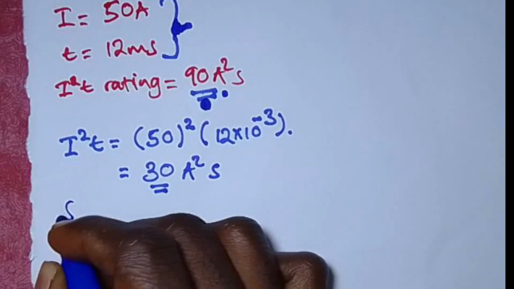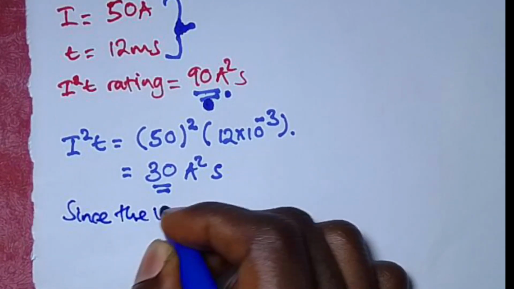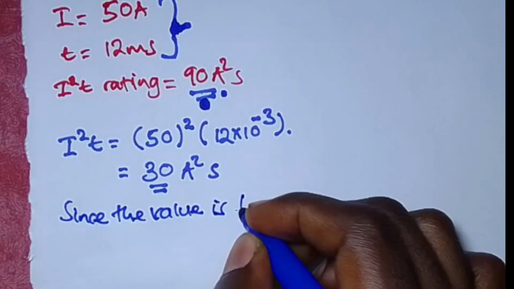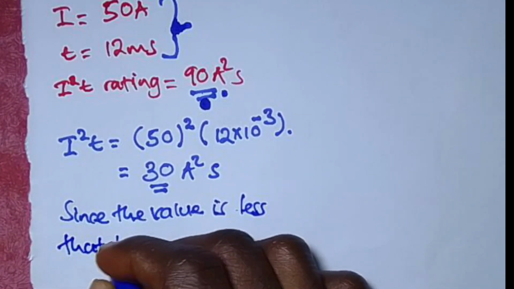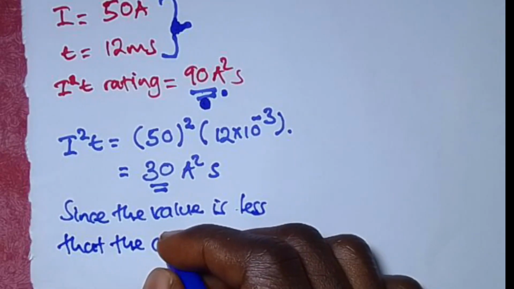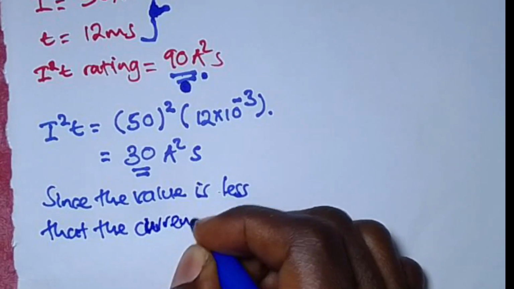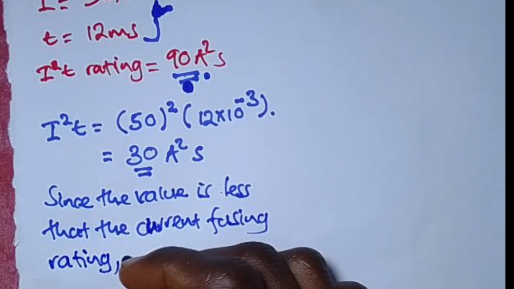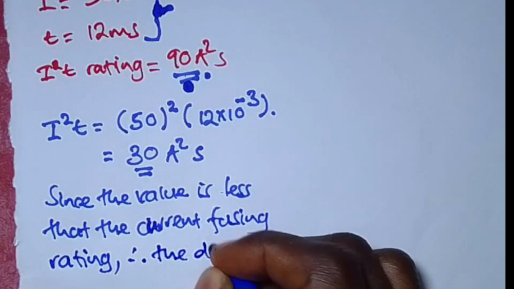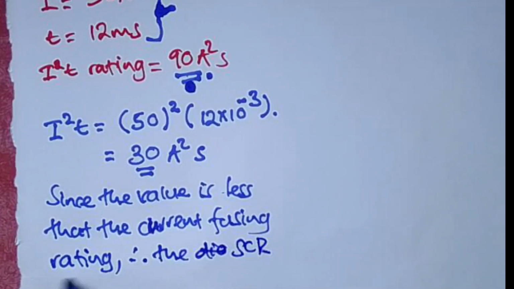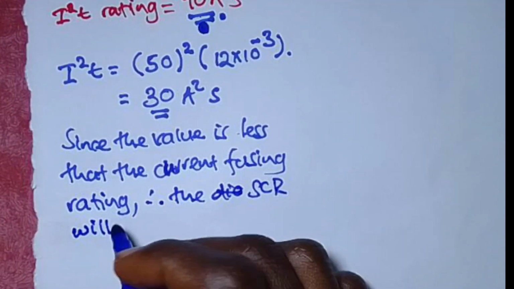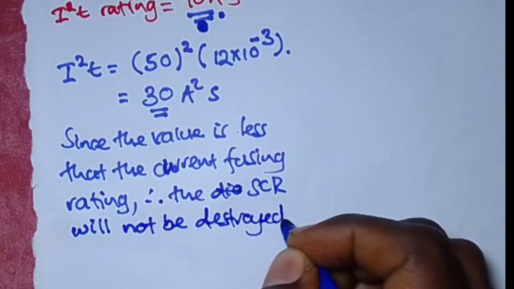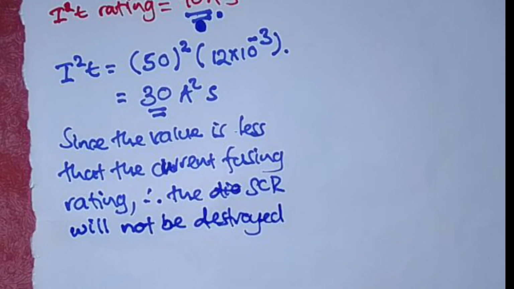What I'm saying is that since the value, which I mean is this value here, is less than the current fusing rating, therefore the SCR will not be destroyed. So that is just the brief explanation about that.